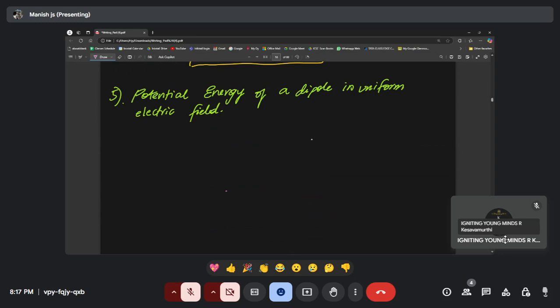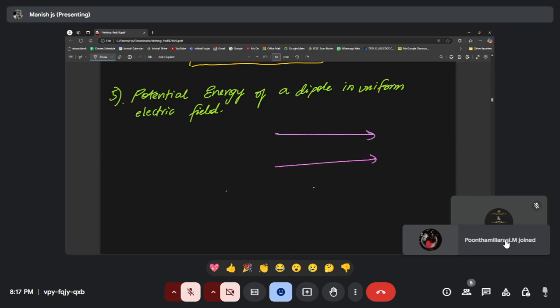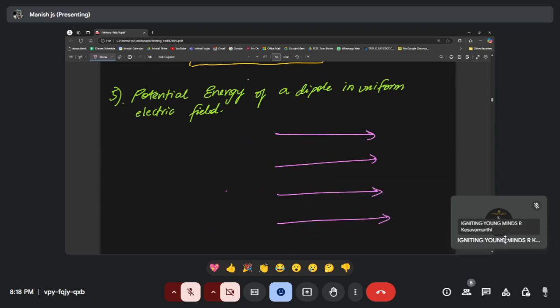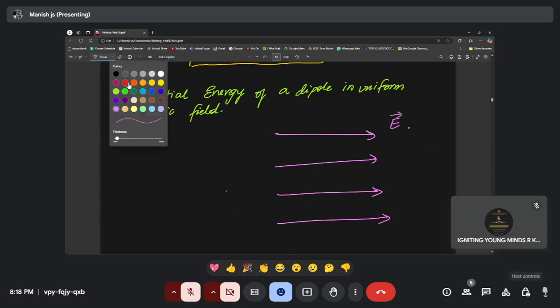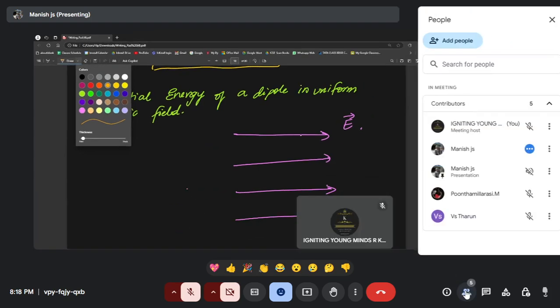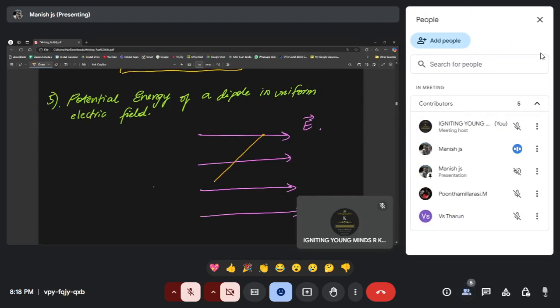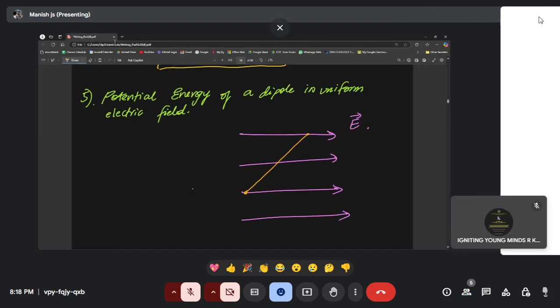First, whenever I say there is uniform electric field, I hope you guys know we represent uniform electric field by using parallel lines. So draw a couple of parallel lines like this, which indicates uniform electric field E bar. Now I'm going to place a dipole here. There are 2 points of the dipole.